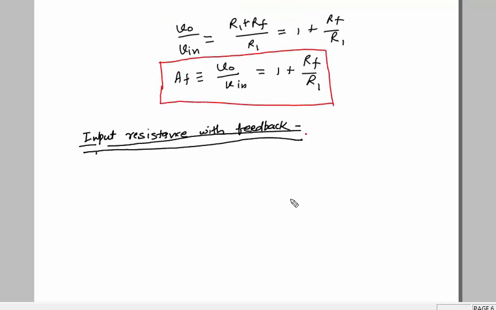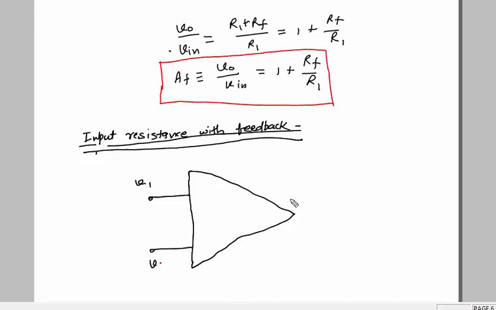Now let us draw the op-amp equivalent circuit for the voltage series feedback amplifier. So how can we write the voltage series feedback amplifier for the op-amp? See, if I have this op-amp, this terminal V1, this terminal V2, and the difference is VID.